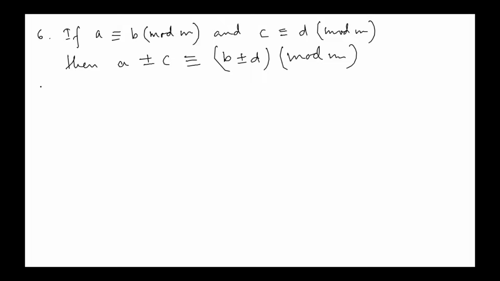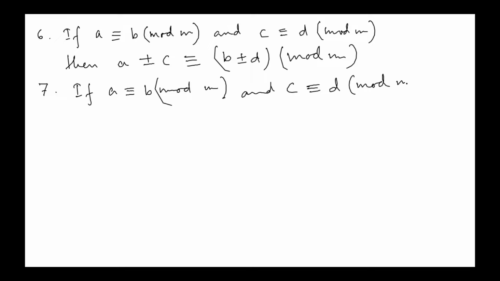Property 7. If a is congruent to b modulo m and c is congruent to d modulo m, then ac is congruent to bd modulo m.